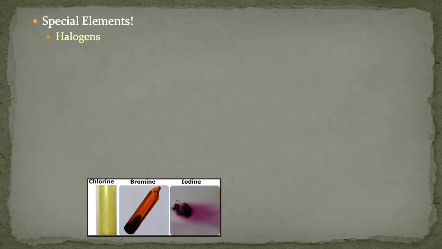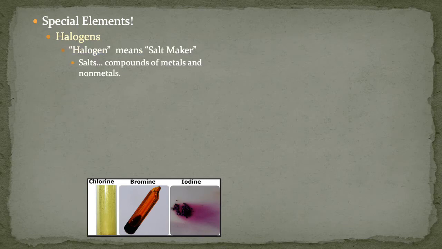The next group of special elements we want to talk about is halogens. Halogen means salt maker. And in this case, salt isn't just the stuff that we put on our food. Salts are any compound that's made of metal and nonmetal combined. So halogens tend to be nonmetals. They have nonmetal properties. Here are 3 of them. Chlorine and bromine are gases at room temperature.